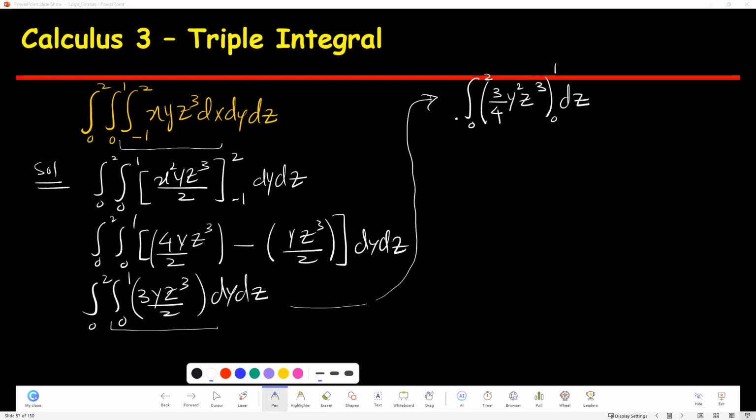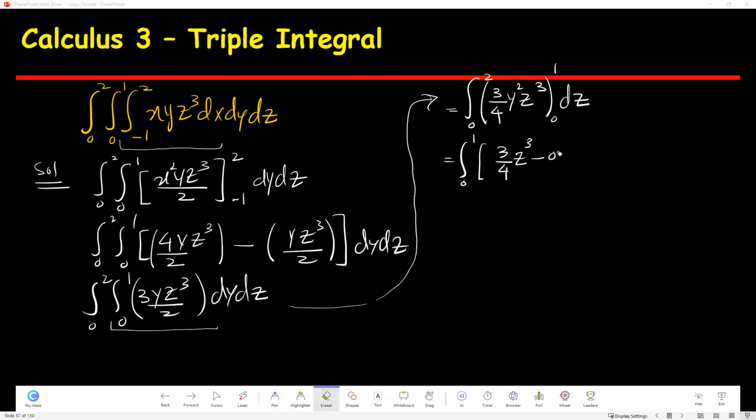Let's apply the limit before we do anything. When we apply the limit, since y is 1 and 0, the first term is going to be 3 over 4 z cubed minus 0. We don't want to be writing this one, so I'm just going to erase this and write it directly, dz.